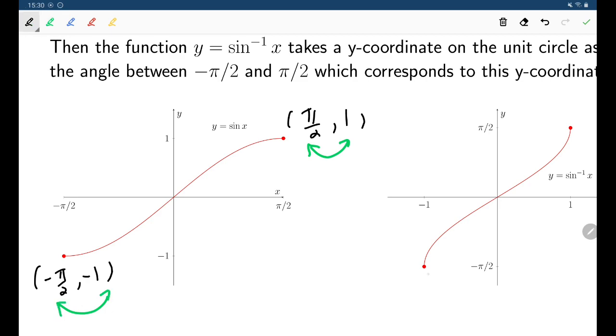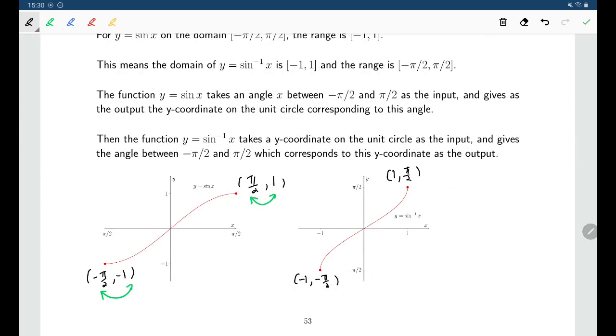And that's exactly what these 2 points are right here. We have the point negative 1, negative pi over 2, and the other coordinate that we have over here is the point 1 comma pi over 2. So again, just like any other graph that we're doing that has an inverse, we are just switching the inputs and the outputs. So if we know the points that are on our graph, then we know the points that are on the inverse function.